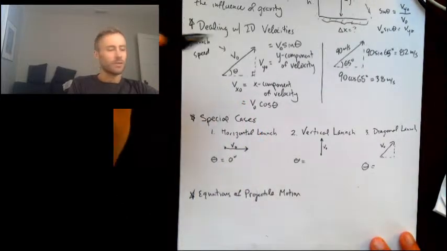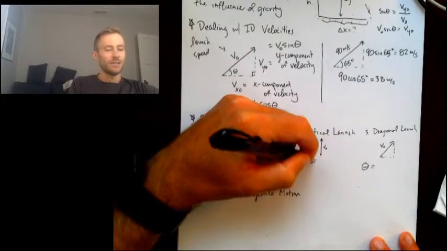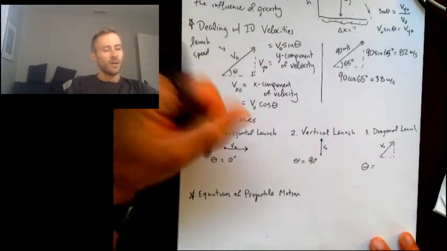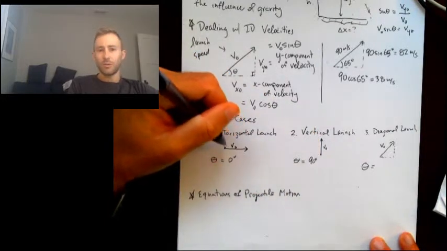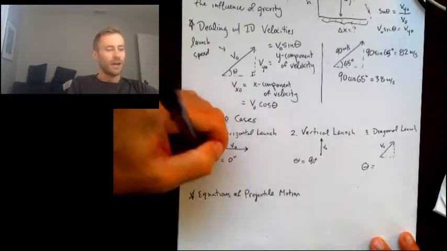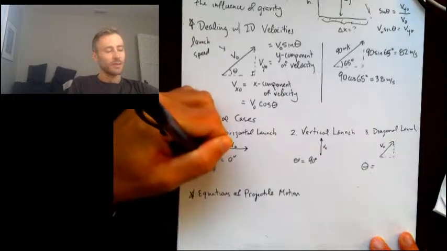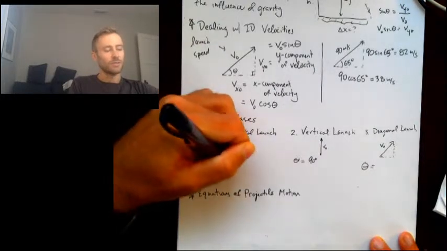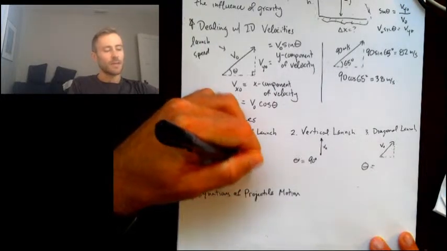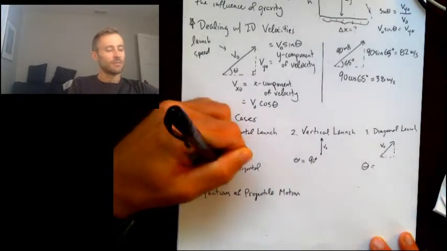Vertical launch means that the launch angle is 90 degrees. So what is special about a horizontal launch? Well, a horizontal launch has all of the initial velocity horizontal and none is vertical.